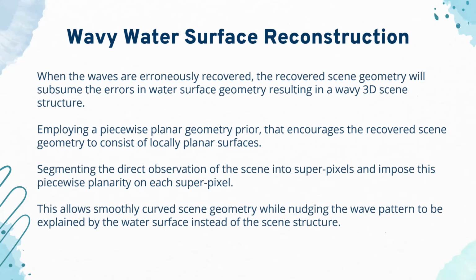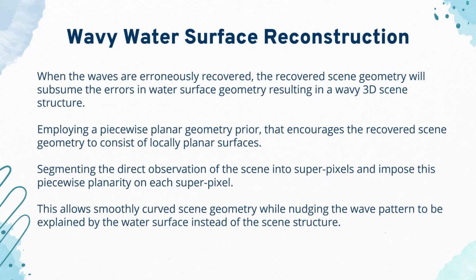When waves are erroneously recovered, the recovered scene geometry will subsume the errors in water surface geometry, resulting in a wavy 3D scene structure. Since a real-world surface geometry is in general not wave-like, we can impose a geometric prior on the scene. We employ a piecewise planar geometry prior that encourages the recovered scene geometry to consist of locally planar surfaces.